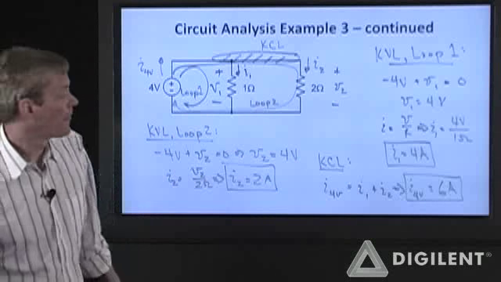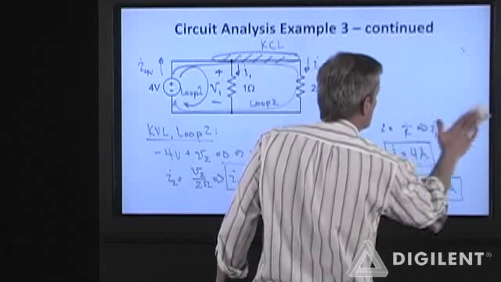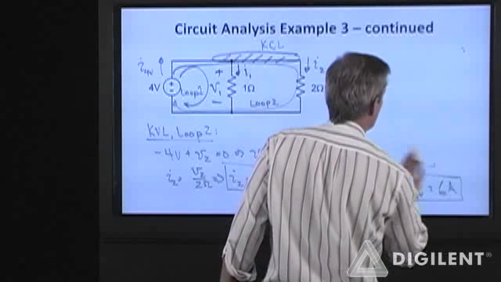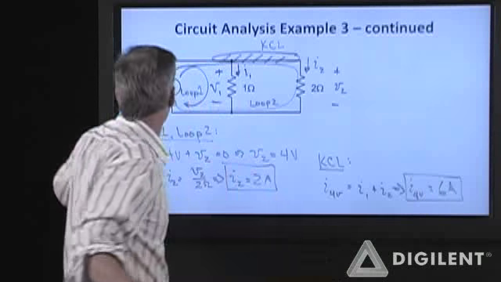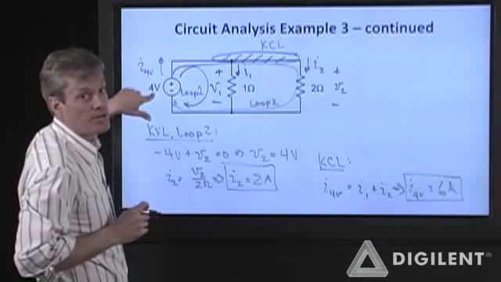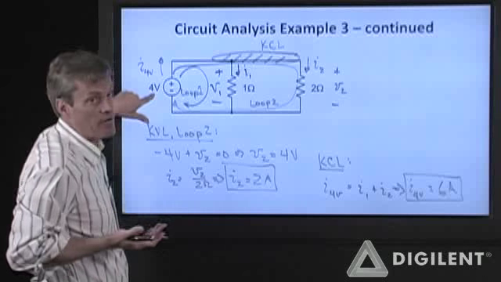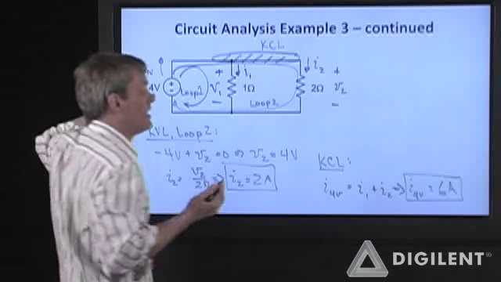If the current through the source is 6 amps, the power dissipated or generated by the source is going to be 4 times 6. I got a positive number here, so current is leaving the positive voltage node. That means that the power is being generated, so it's a negative number.